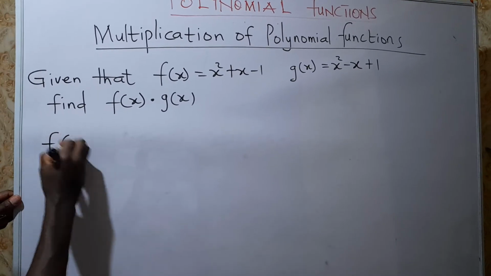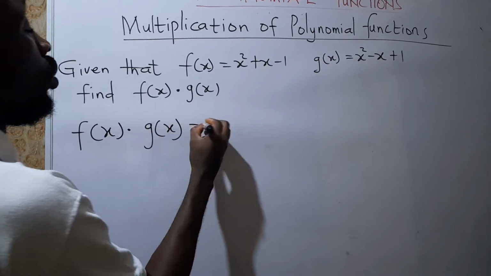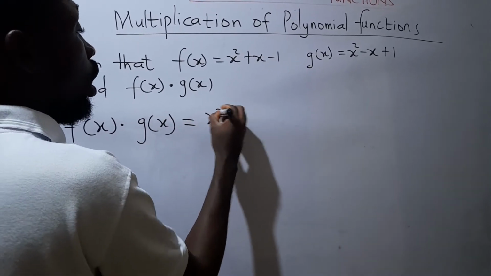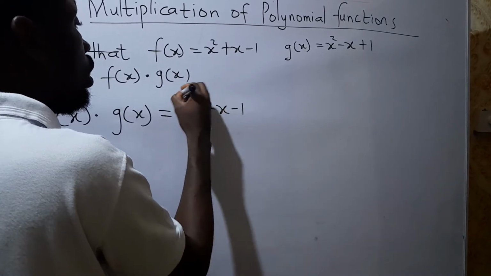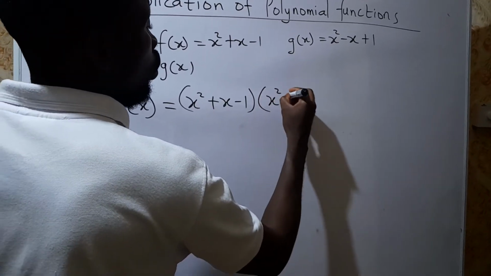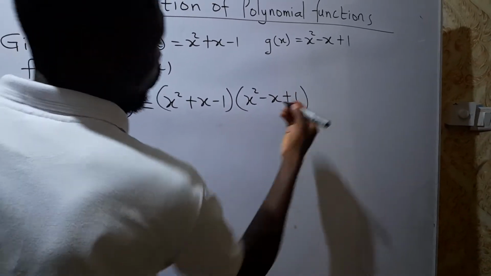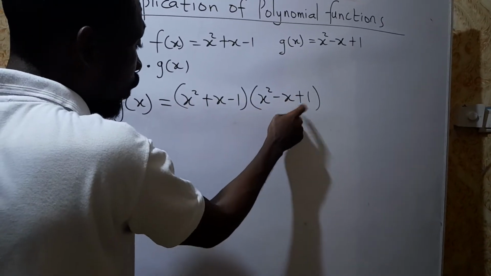So f of x times g of x will be equal to f of x, x squared plus x minus 1, times the g of x, which is x squared minus x plus 1. I was saying that each and every term here will multiply each and every term there.